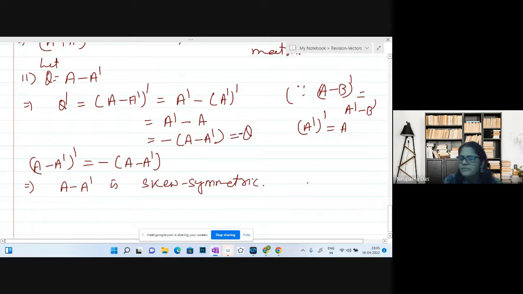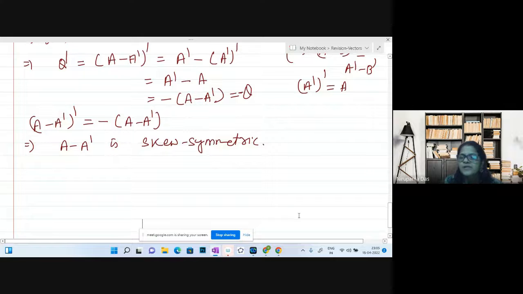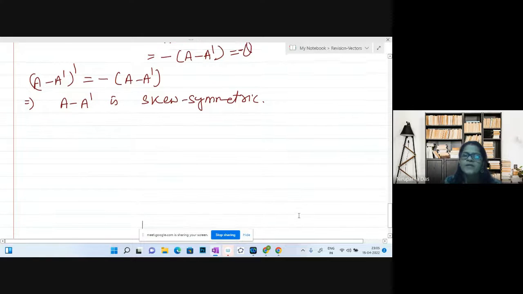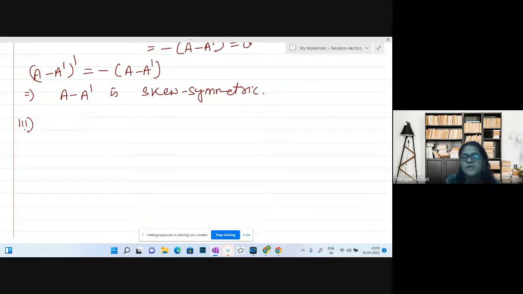So whenever you have to prove any matrix is symmetric, you have to prove the transpose of the matrix equal to the matrix itself. Whenever you have to prove the matrix is skew-symmetric, you have to prove the transpose of the matrix equal to the negative of the matrix. Okay. The third and last part is to prove that any square matrix A can be expressed as the sum of a symmetric and a skew-symmetric matrix.